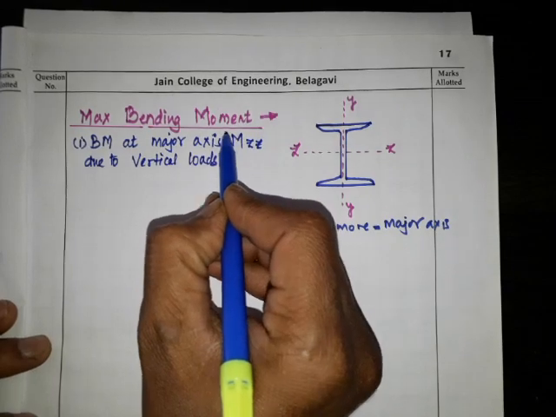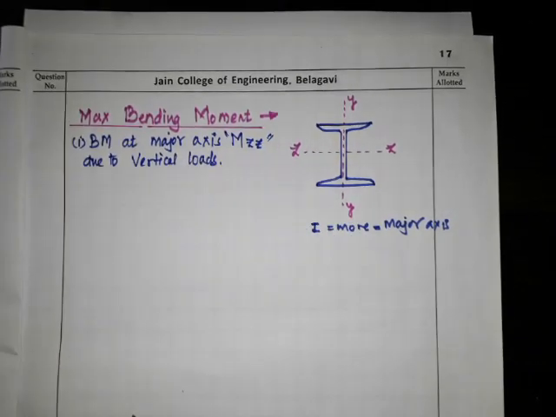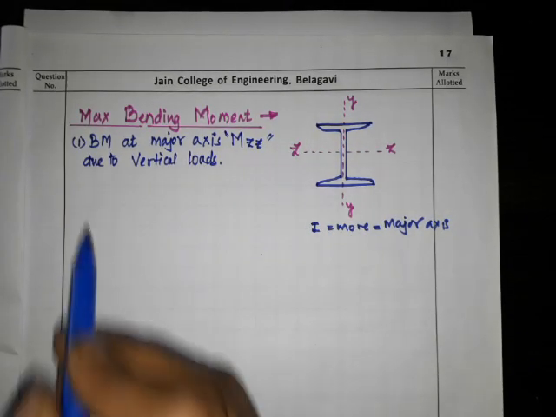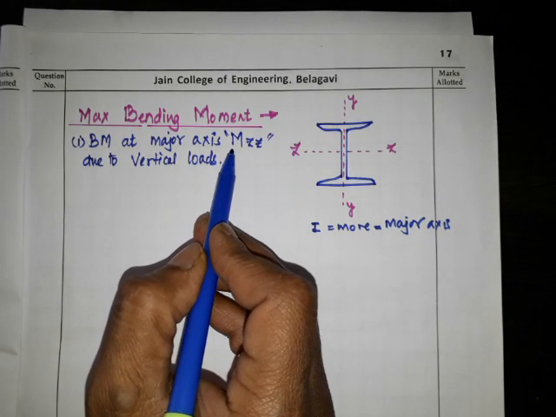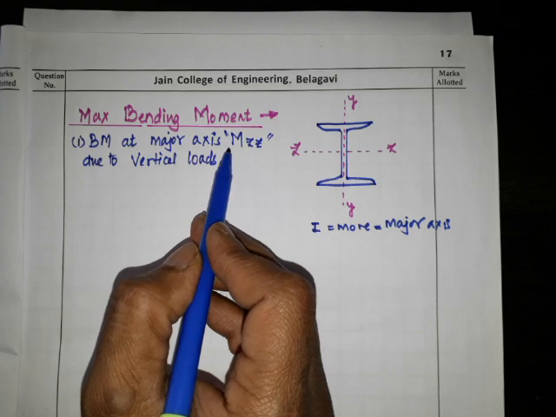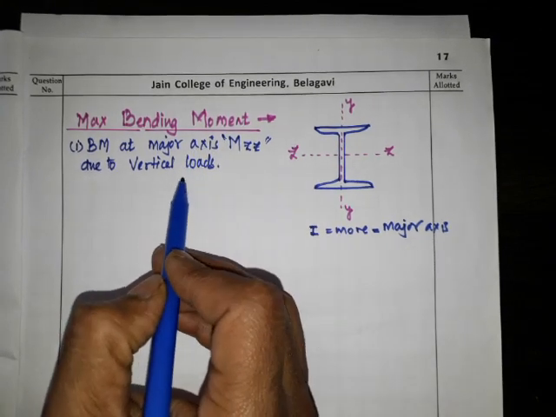So major axis MZZ. That is about the major axis, the bending moment is MZZ due to vertical loads.